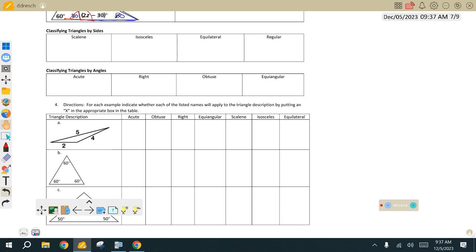How would you classify a triangle by its sides? What would you say it's classifying it by your angles? You and your buddy talk. I'm going to give you 2 minutes on my clock. If you were to describe that to somebody that never knew anything about triangles, how would you describe that to somebody? Go.